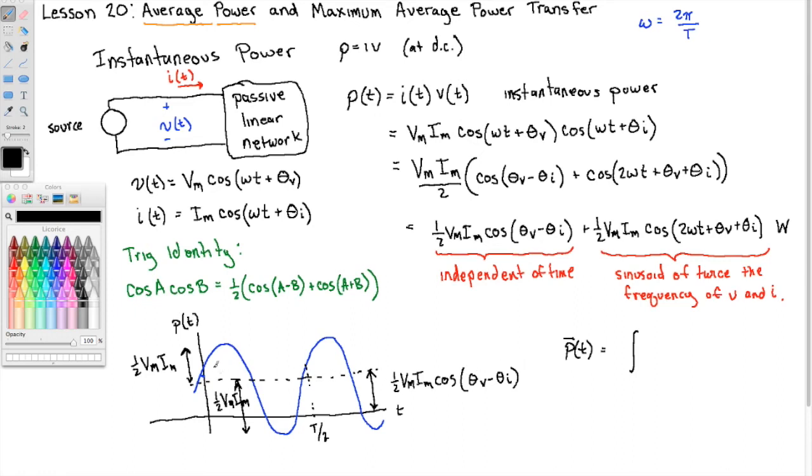So the period of the power was T over 2. So all I have to do is integrate over some window that's T over 2 in length, and then divide by T over 2. I'll assume that you've had the mean value theorem by this point, and then we're going to integrate the power dt. This gives us our average power. Okay, I'm going to clean this up a little bit.